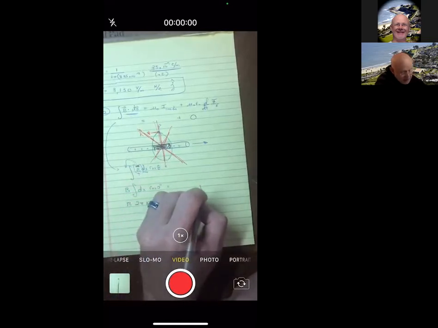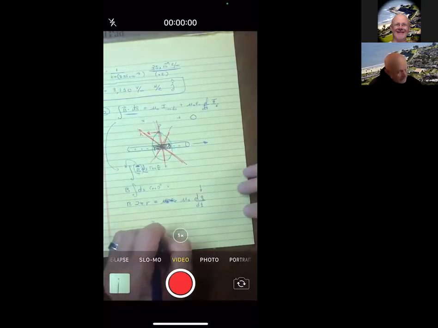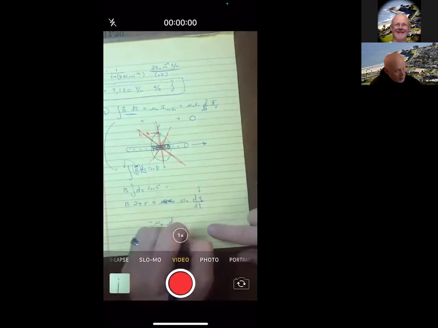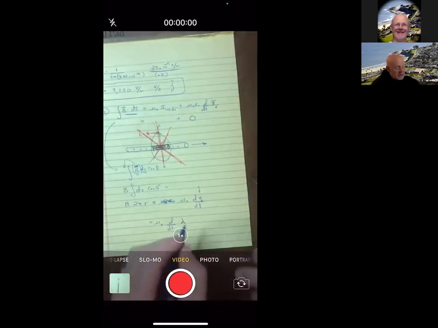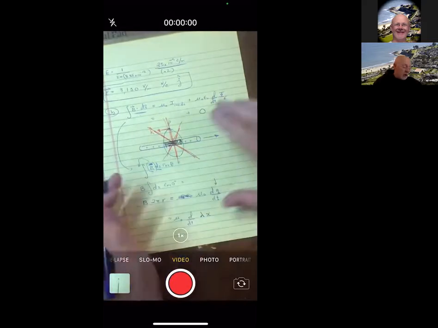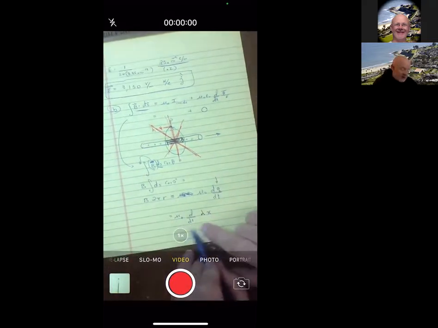You might say, okay, the charge that would go through would be the charge density lambda times some distance x, x being the length of that piece going through. And of course, how long it is really depends upon the time factor.